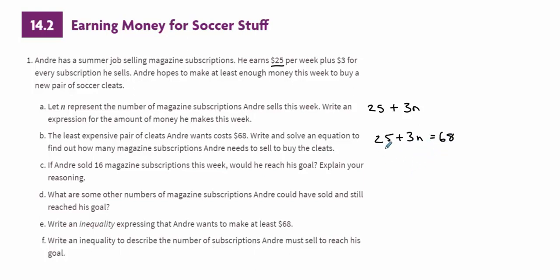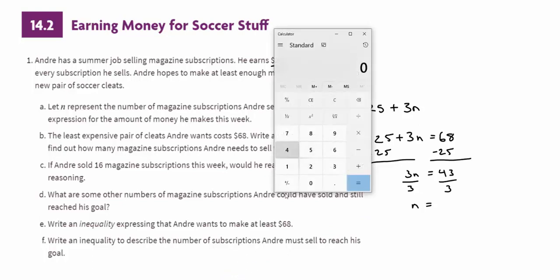So we're going to use our equation solving skills here. We're going to subtract 25 from each side because he gets that $25 per week. So we already earned that. And then we're going to divide by 3. So n would be equal to 43 divided by 3.